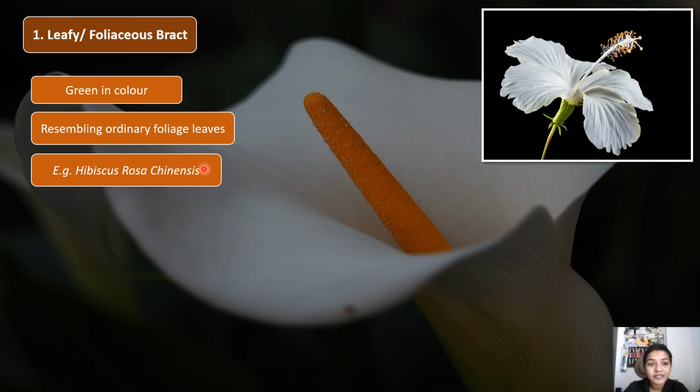So this is shoe flower, the hibiscus plant, and you can see these small green structures that are present below. These are the leafy or foliaceous bract of hibiscus, right? Because these are green in color, so these are called foliaceous bract, though these are very minute, but this looks like leaf, right? And therefore this is called leafy or foliaceous bract.